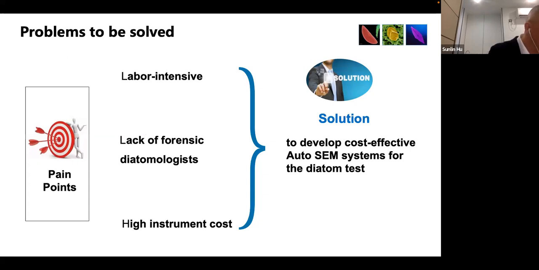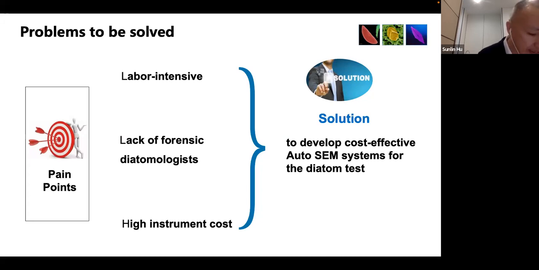However, there are still pain points with the new method regarding diatom analysis. The test is still labor-intensive with many manual steps, and the technician has to be good at diatom classification.